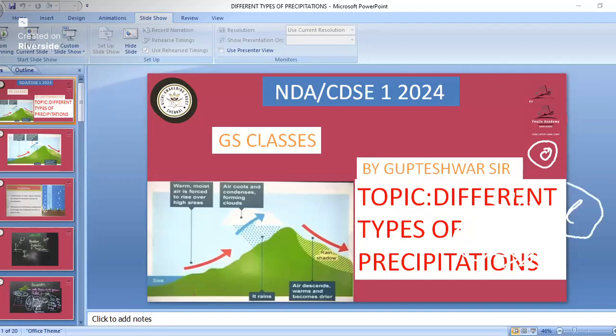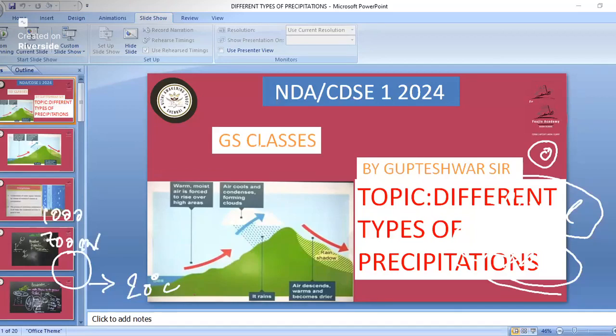That much moisture it can hold. Suppose its temperature decreases to 20 degrees Celsius, then what happens? It has about a 700 ml capacity.